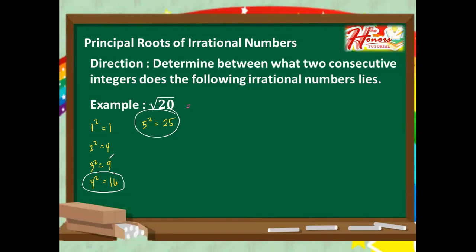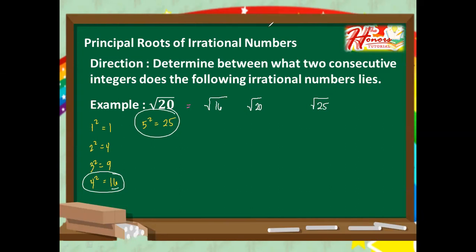So therefore, this is how we are going to write it. The square root of 16 will be written here at the left side. And then we will write the square root of 20 in between. And then we are going to write the square root of 25 here.